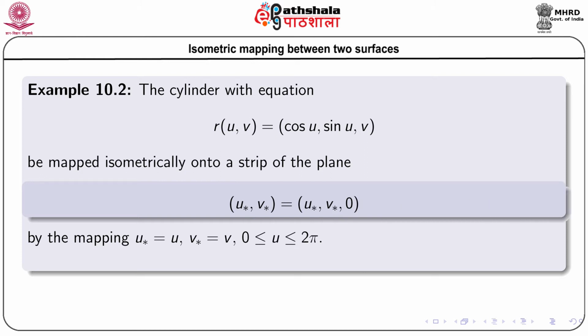So, the third component is 0, and this one is given by the mapping u star equal to u and v star equal to v, and 0 less than or equal to u less than or equal to 2 pi. So, this is the isometric mapping given by u star equal to u and v star equal to v, and the cylinder is mapped isometrically onto a strip of the plane.